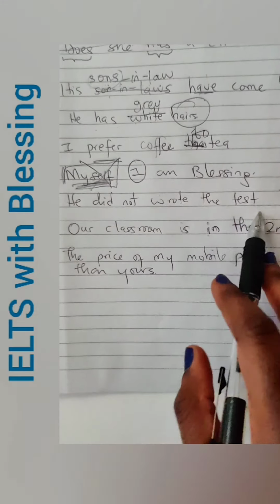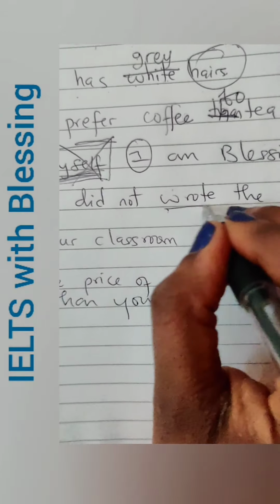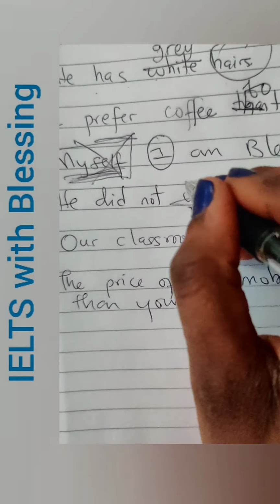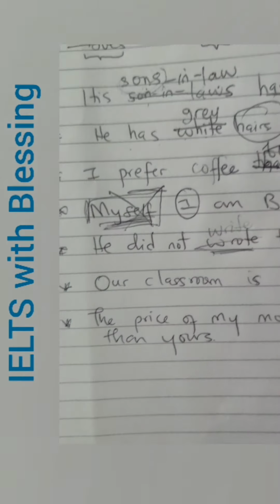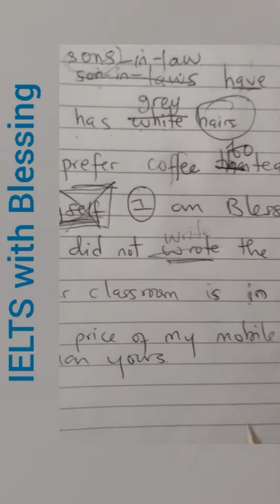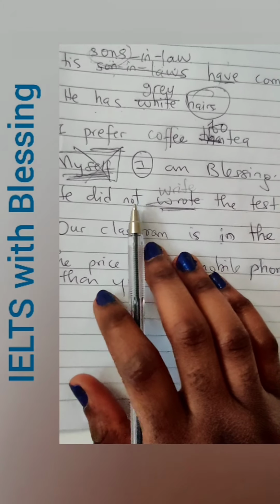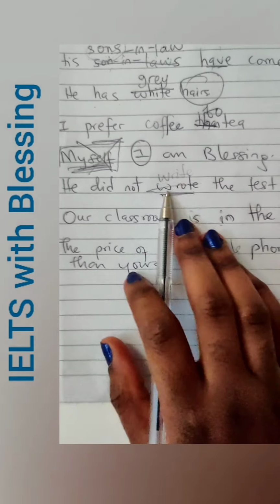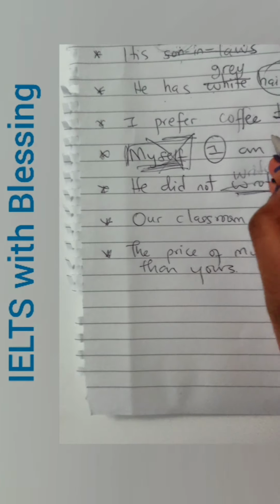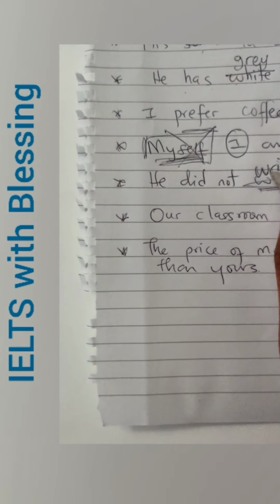This is wrong. Also, he did not wrote the test last week, so he did not write the test last week. So when you want to use the past form of do not, which is did not, the form of the verb that you use changes to the simple present.